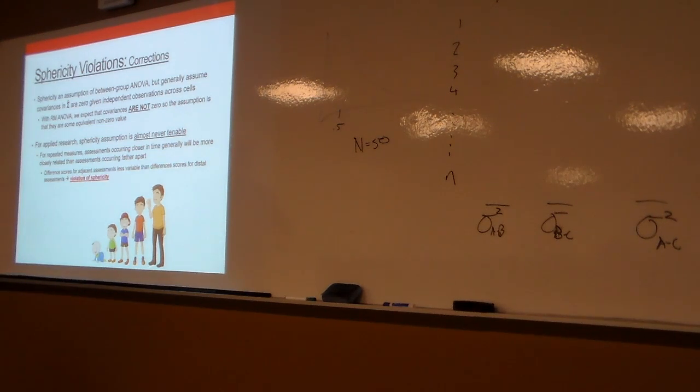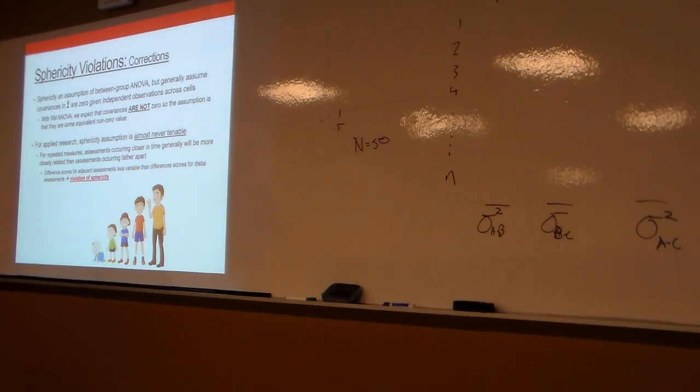So if I'm doing a developmental study where I have a measure in infancy, young childhood, middle school, high school, young adulthood, I probably expect whatever I'm measuring at these 2 time points to be more closely related than something I'm measuring here and here, right?